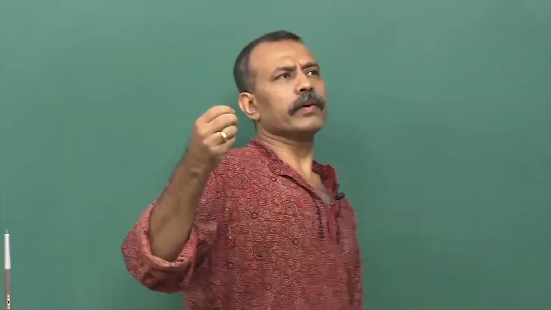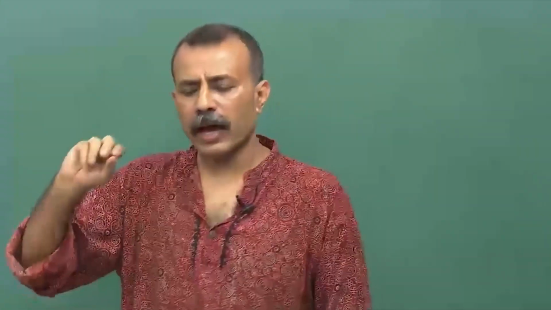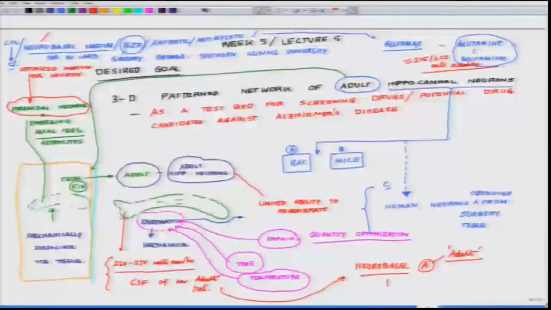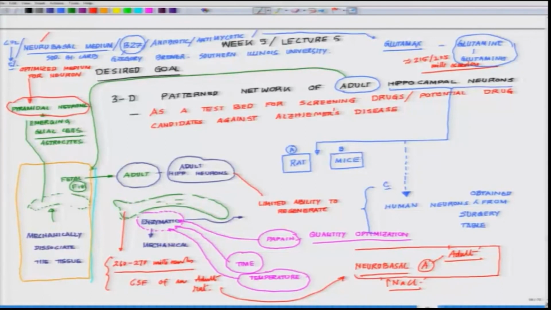If I exactly recollect, there is a higher concentration of sodium chloride in neurobasal A. So, essentially you can have a neurobasal regular and you add the prerequisite amount of NaCl to make it neurobasal A. Okay.